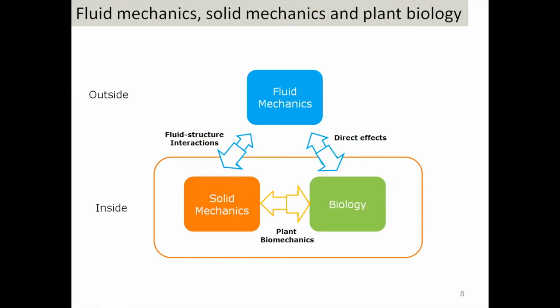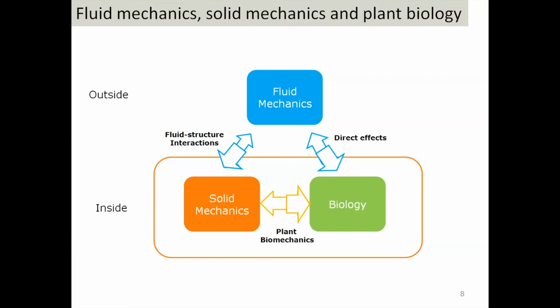And what does a fluid do on this? It does have some direct effects, which I'm not going to talk about, for instance, the effect of wind, or even the local air condition, on the gaseous exchange at the leaf scale. This is a very classical problem in plant biology, which is directly related to the local fluid mechanics.